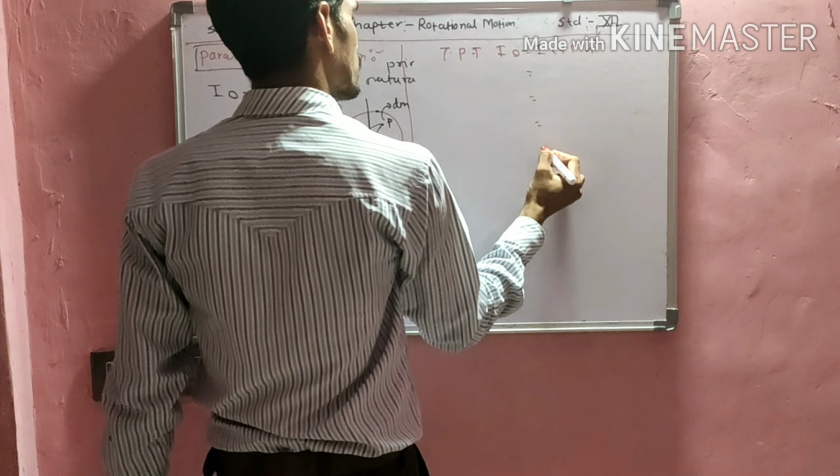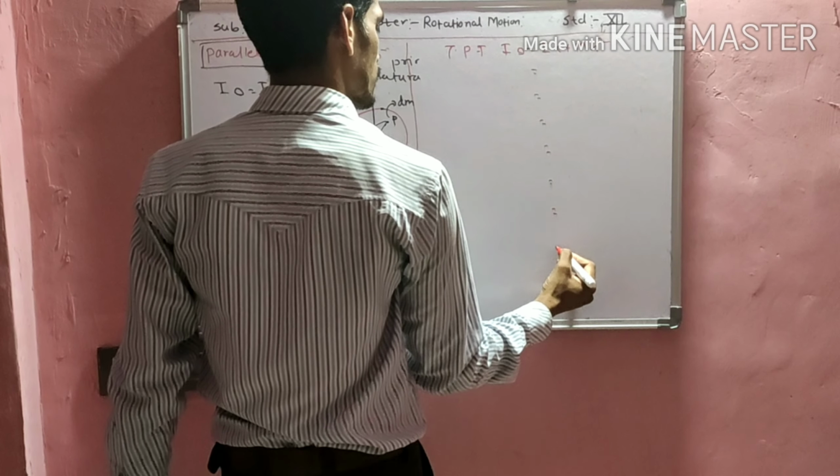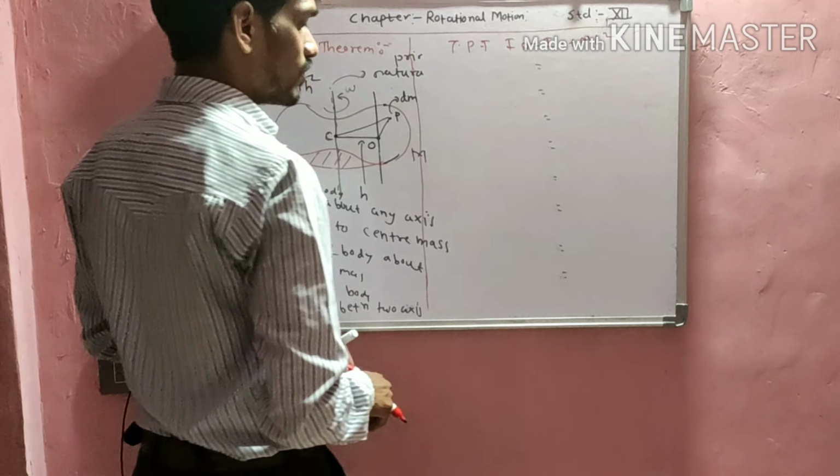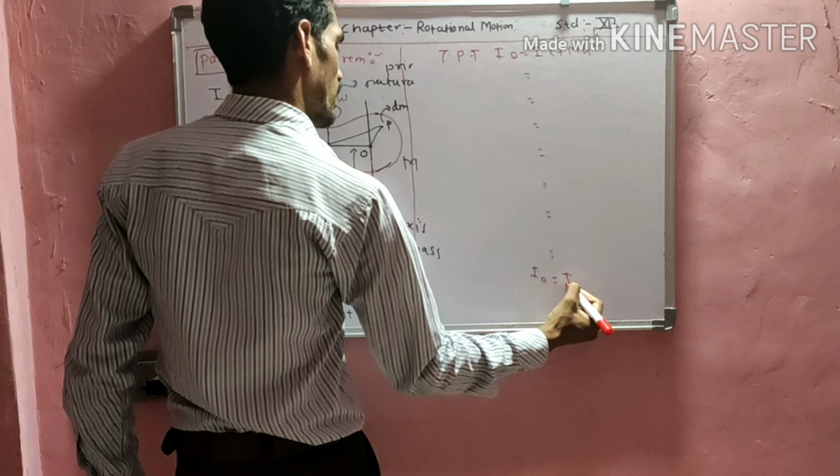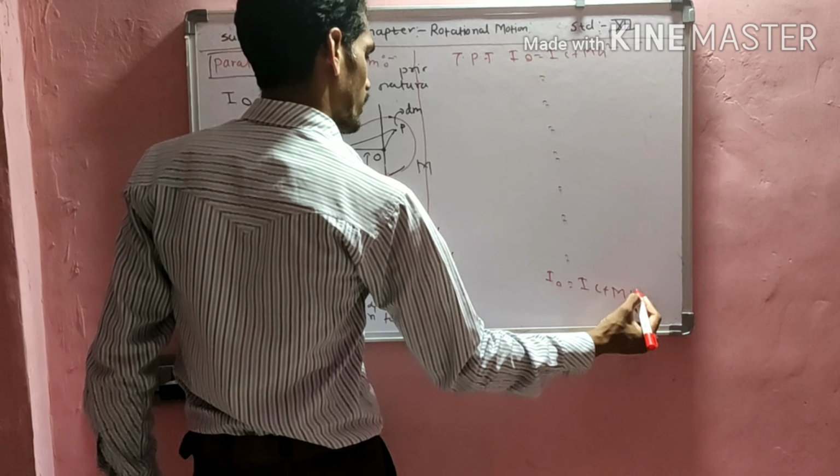Okay students, it means we will end up on I_O is equal to I_C plus Mh square.